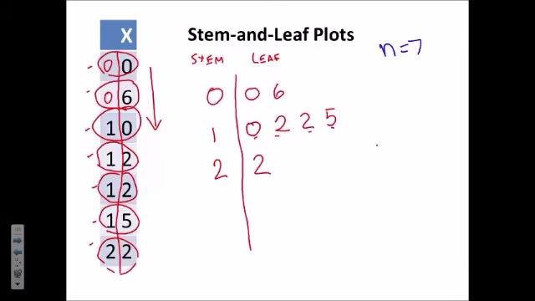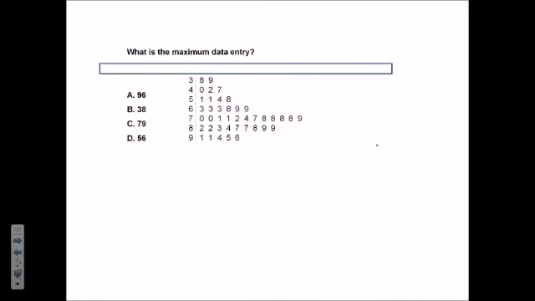So this would be a stem and leaf plot. It's a little bit like a bar graph, I guess you could think of it that way, with the bars horizontal instead of vertical. Now that may not seem worth it, but let me give some more examples.